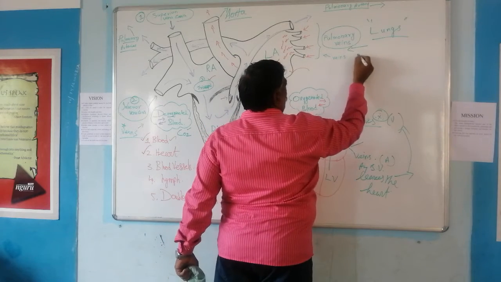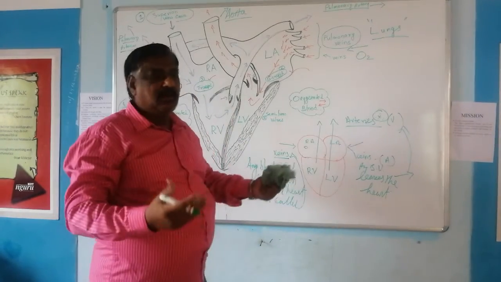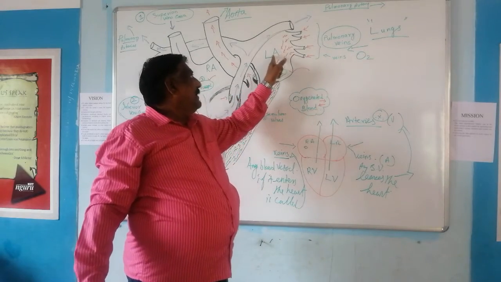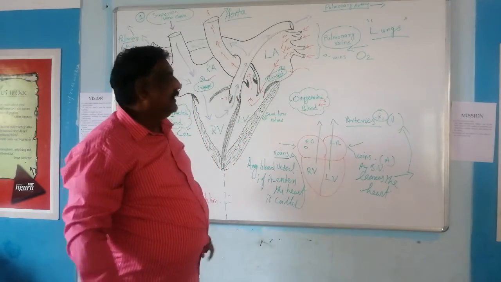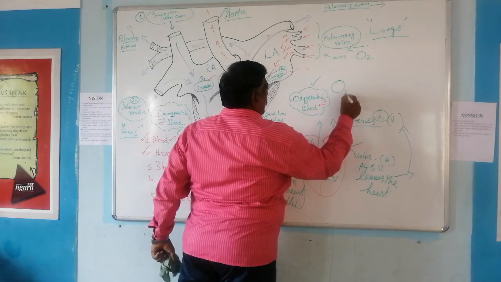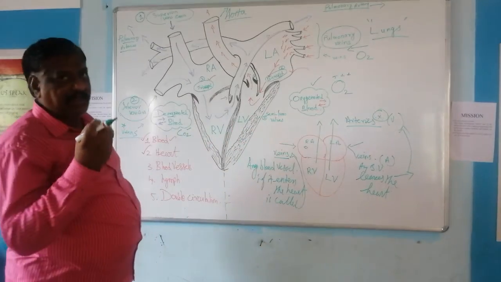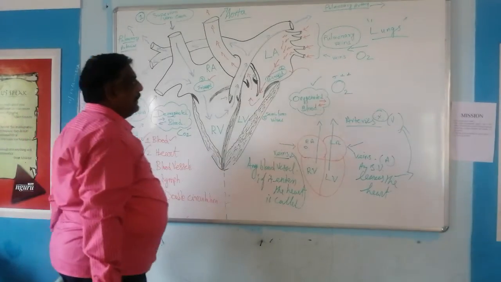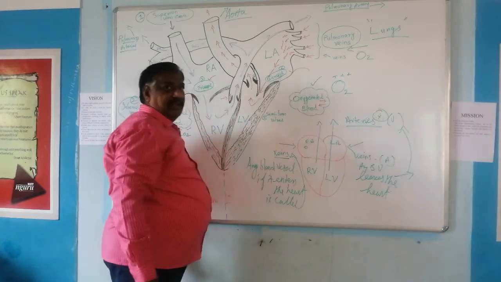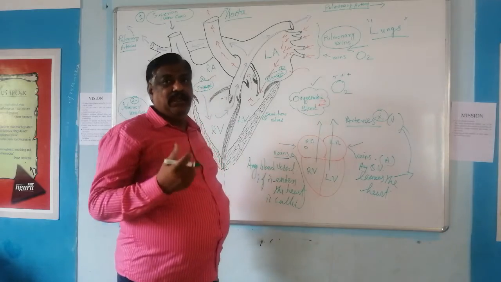It should have more oxygen. Just now it is coming from the lungs, so more oxygen. It brings oxygenated blood into the left auricle. This blood is oxygenated blood with a lot of oxygen and less carbon dioxide. That is why it is always denoted with a red color, whether it is entering or going out.